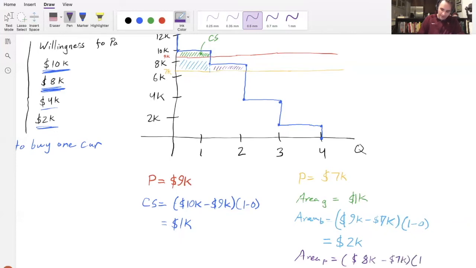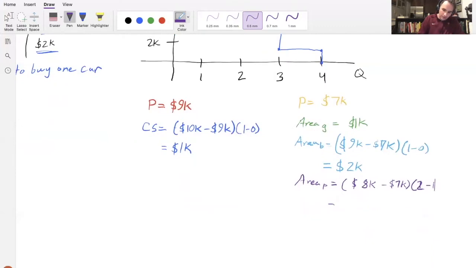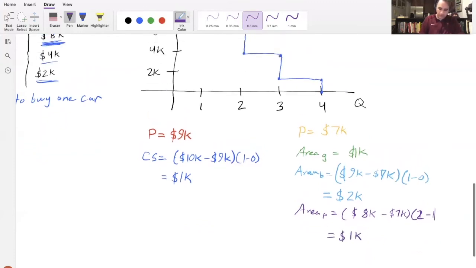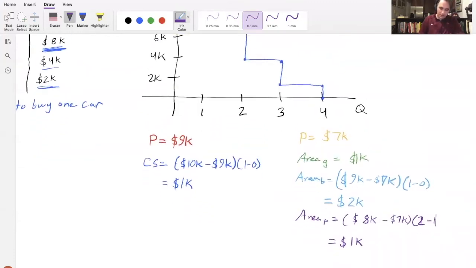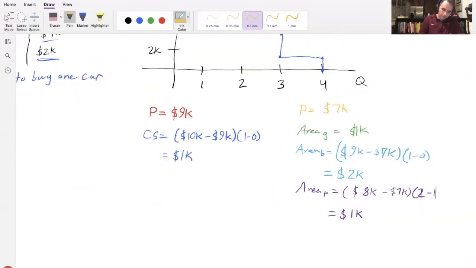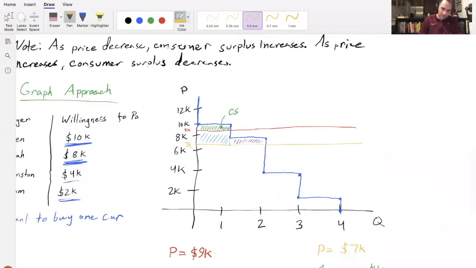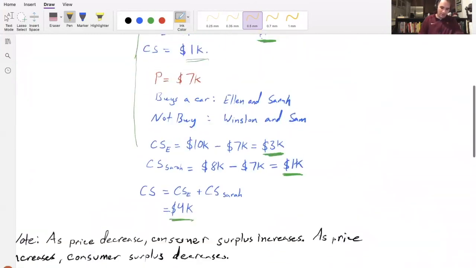And then from 1 to 2, and this equals $1,000 of surplus. Okay, and so in total, hopefully unsurprising, we get that our consumer surplus is equal to $4,000, which was the same as before, right?